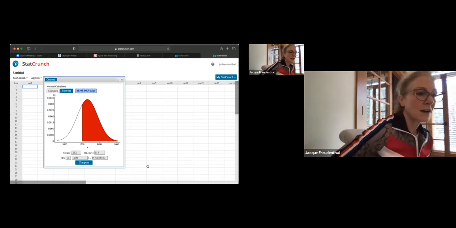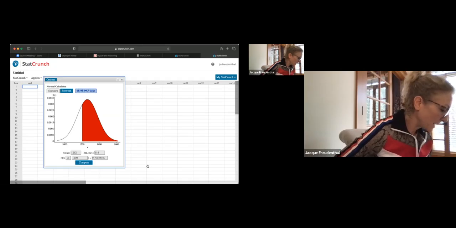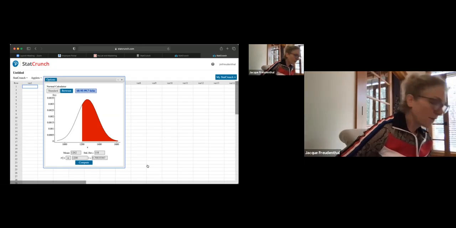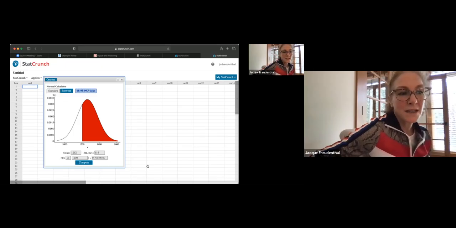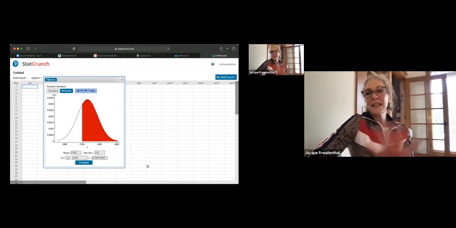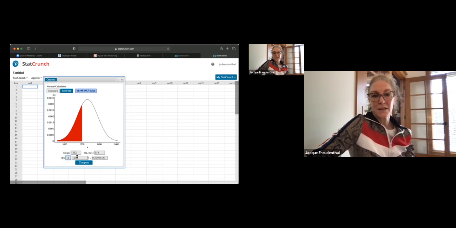So part E on the document says, what is the percentile rank of an 18-ounce bag of chips that contains 1,475? Percentile is the area to the left represents the percentile. So I know that I'm looking at less than, so I'm going to change my sign to less than.